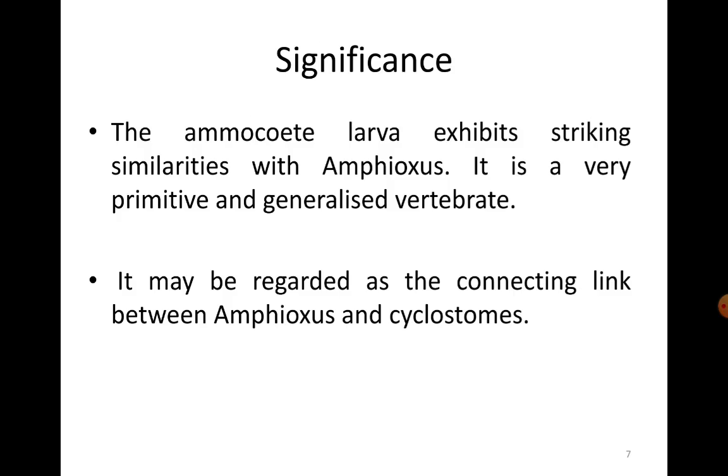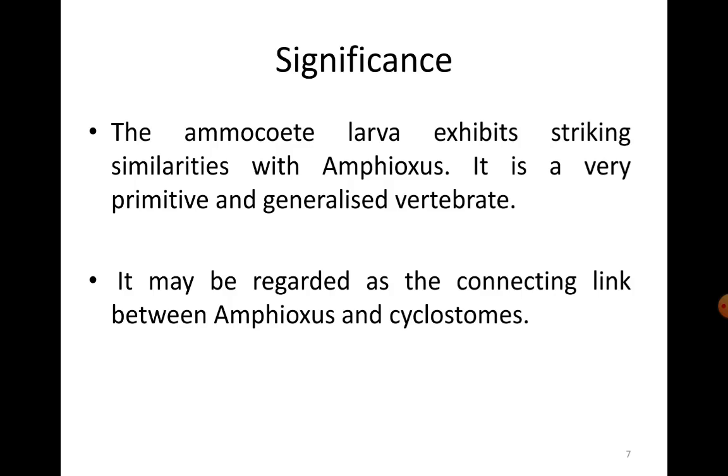Now what is the significance of this Ammocoete larva? As we discussed, this Ammocoete larva exhibits striking resemblance to Branchiostoma, which is a cephalochordate. So because of this, it shows that it's very primitive and it gives a generalized vertebrate structure.